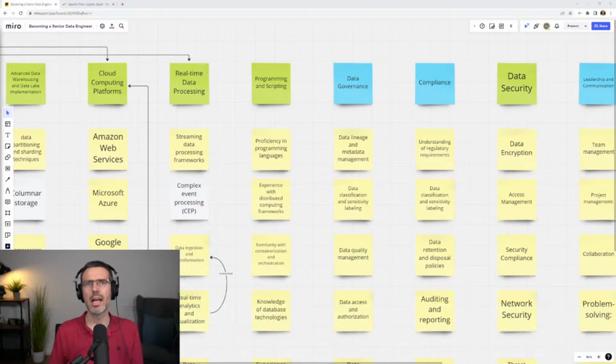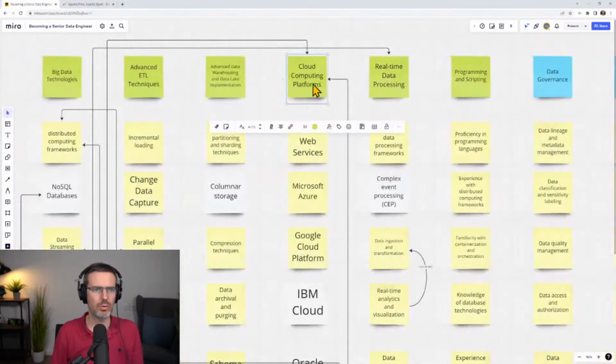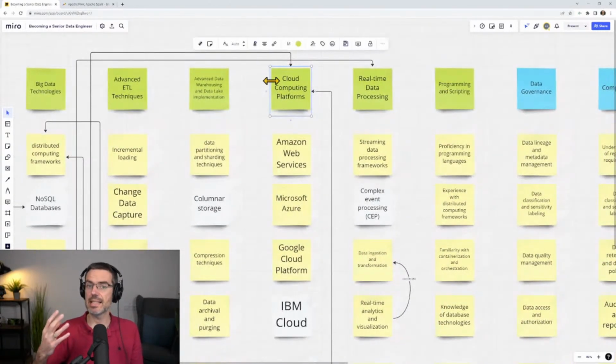Absolutely. I think a good senior data engineer needs to know how to design solutions. We were seeing this in the cloud platforms and also in big data technologies. Whenever you read these, the essence is always the designing part.